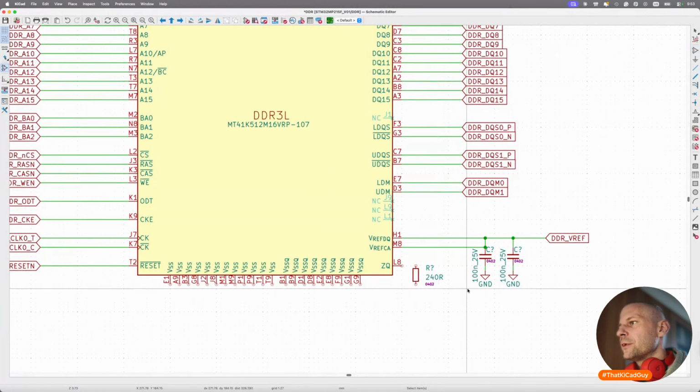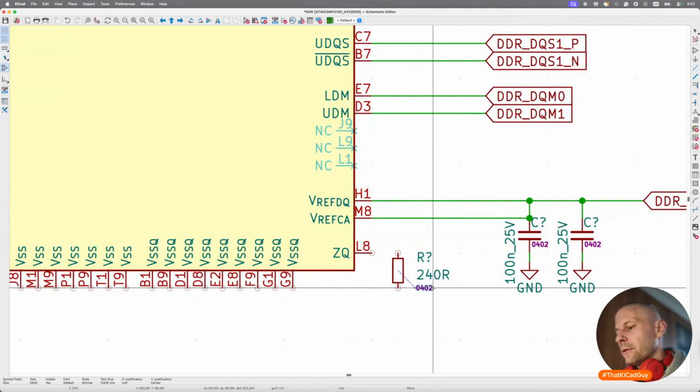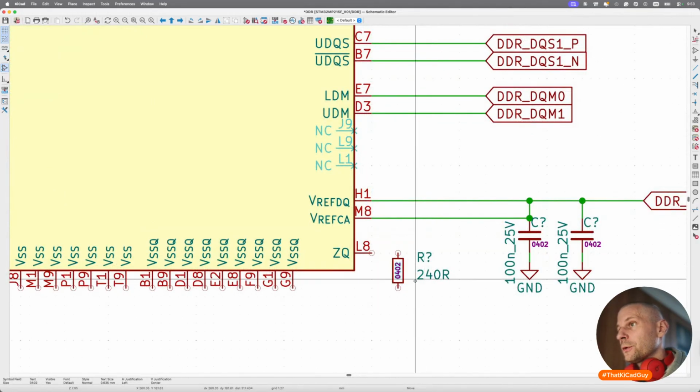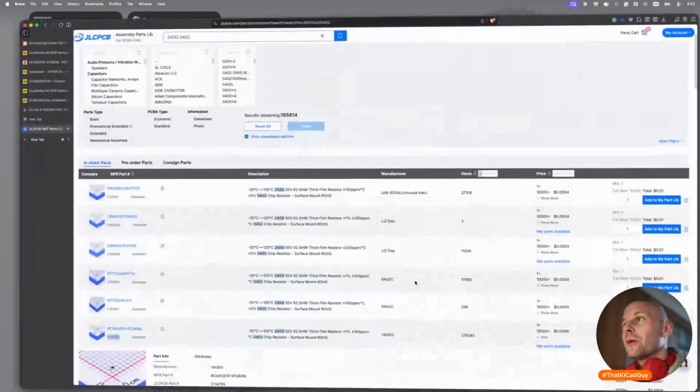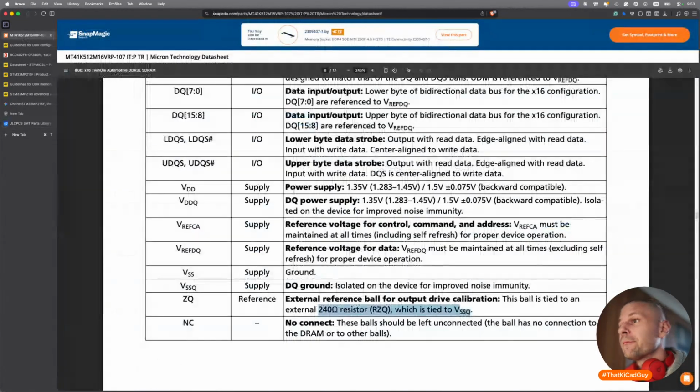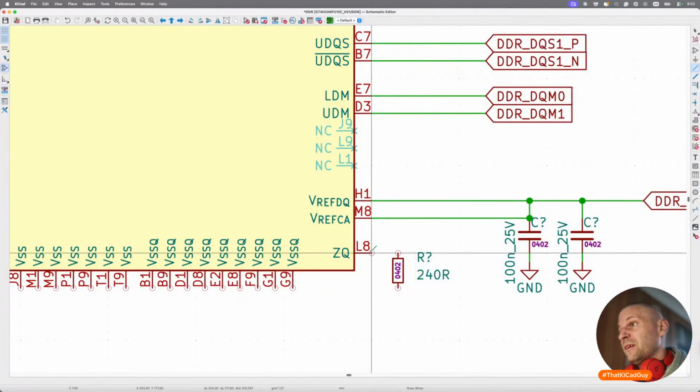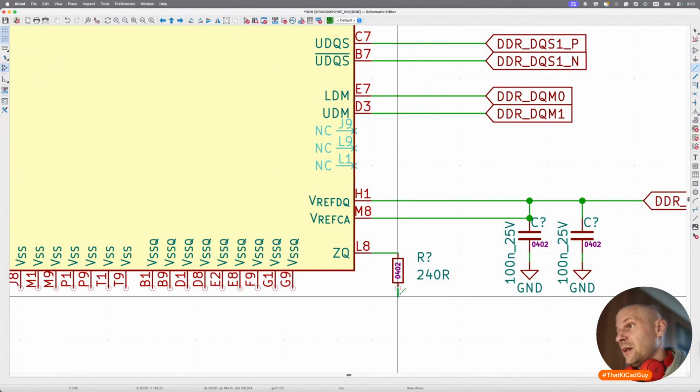Okay, ZQ is our, I don't know what this is. I call it terminator, but it's probably not a terminator. Reference ball for output drive calibration. Whatever it means, it's probably important.